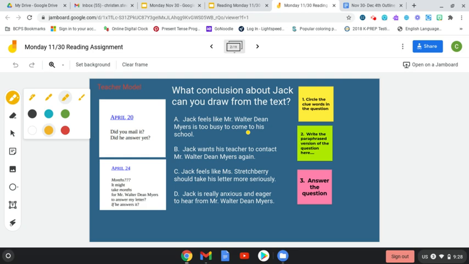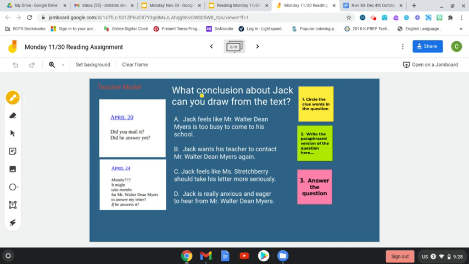Now, clue words or keywords are the words that you think are the most important, that would help you really know what the question's asking. Sometimes questions have a lot of words in them, and it's easy to get confused. So the goal of circling the clue words in a question is to help you stay focused and not get distracted.